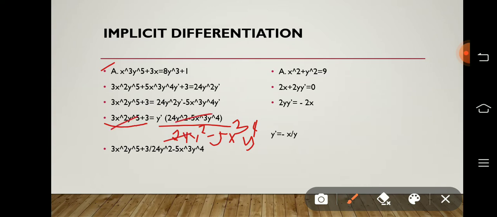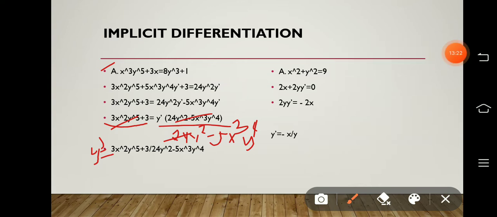So what is left is y prime equals 3x squared y raised to the 5th plus 3 over 24y squared minus 5x cubed y raised to the 4th.